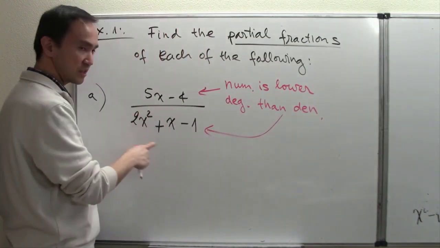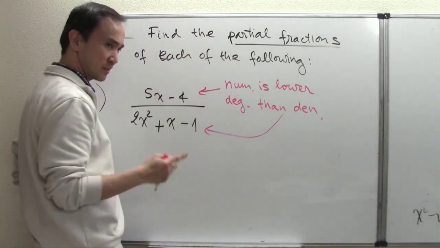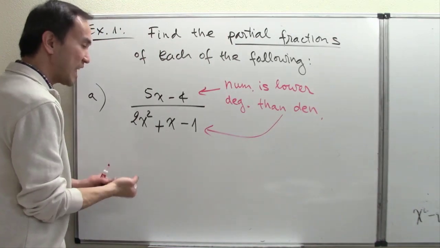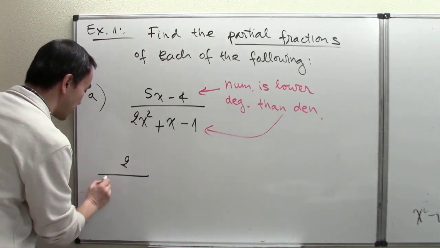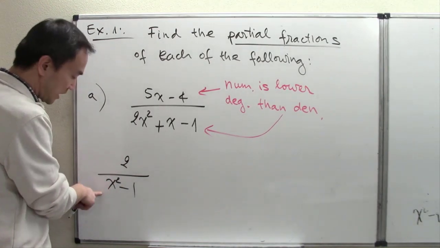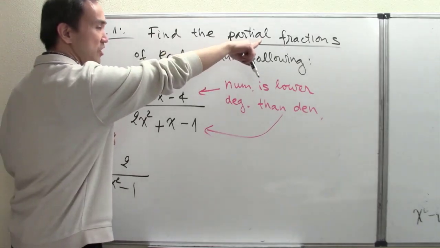The denominator here is degree 2. The numerator here is degree 1 or less. The earlier problem was the same: 2 over x squared minus 1, the numerator was degree 0 and the denominator was degree 2. That's why we needed a partial fraction decomposition.